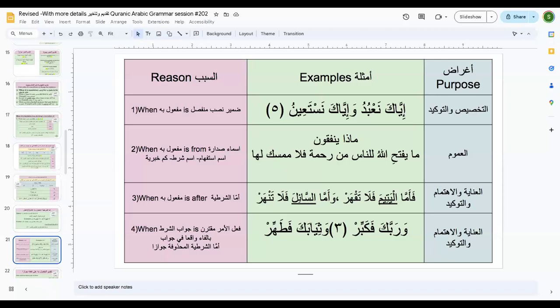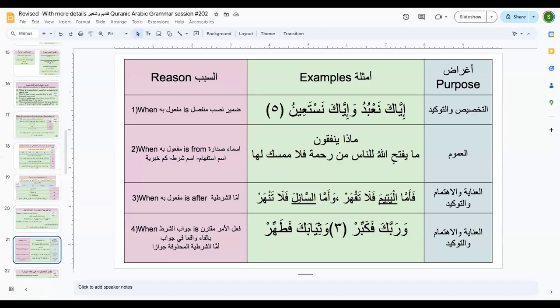Is this clear to all of you? Al-inaya is to consider something, to pay attention to something, to take ownership of something. So you can think of it as to pay attention, just like ihtimam, to bring attention to something.